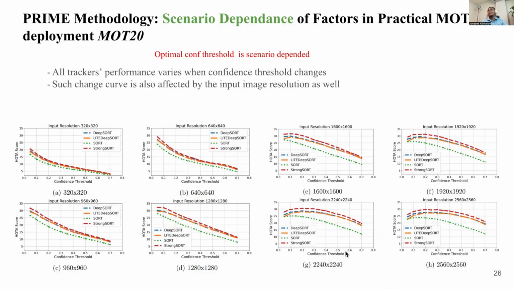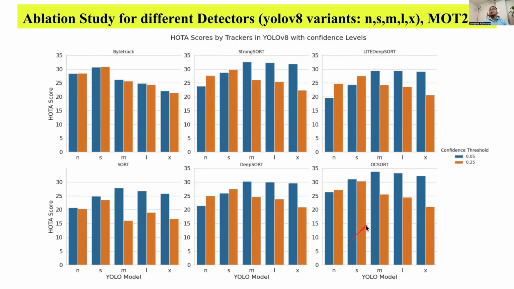The point here is scenario dependence, right? How the factors affect performance also depends on the scenario of the object we are tracking, what our problem is, right? So another thing is we have multiple variants of the YOLO detector, and we wanted to see how it affects, in two different confidence thresholds, right?